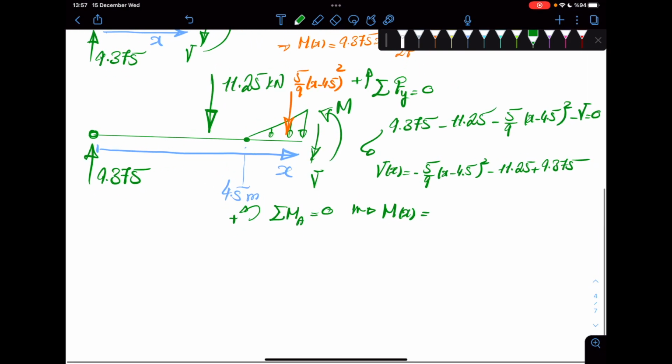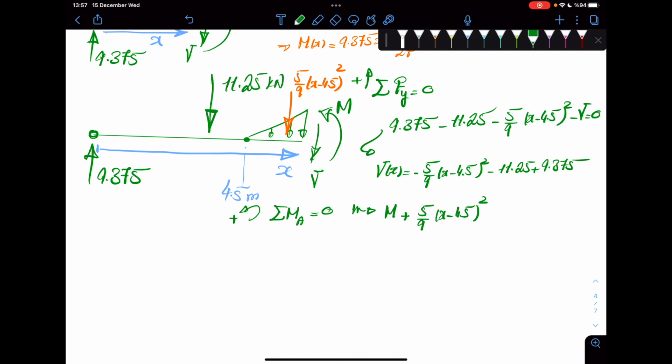It would be something like M plus 5 over 9 (x minus 4.5) squared times the distance here.